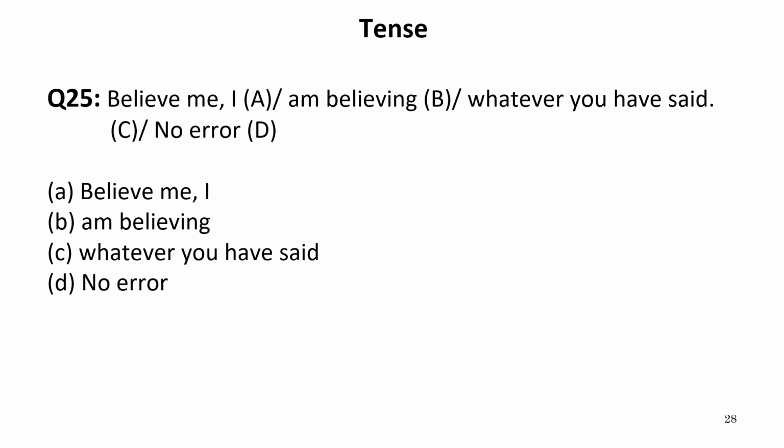Believe me, I'm believing whatever you have said. In this sentence, it is written believing. As I have already told you, some verbs like believe, trust, understand, think, belong, know, possess, contain, these cannot be formed in ing form because these are static verbs. We cannot form these verbs in continuous tense or in ing form or in a temporary action.